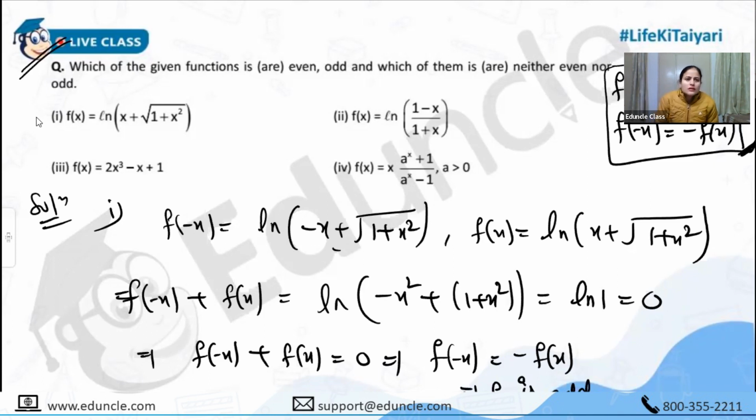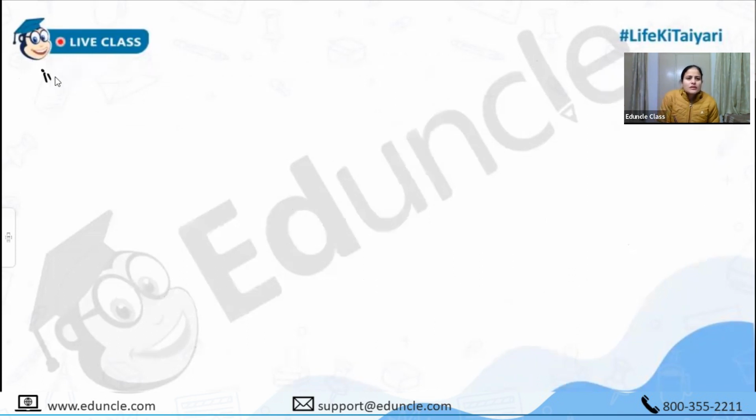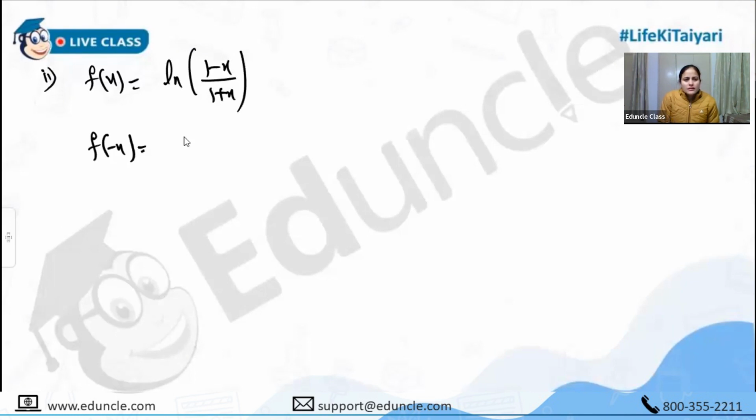The second one: ln of 1 minus x upon 1 plus x. So in the second we have f of x equal to ln of 1 minus x upon 1 plus x. If I take f at minus x, I will have ln of 1 plus x upon 1 minus x.